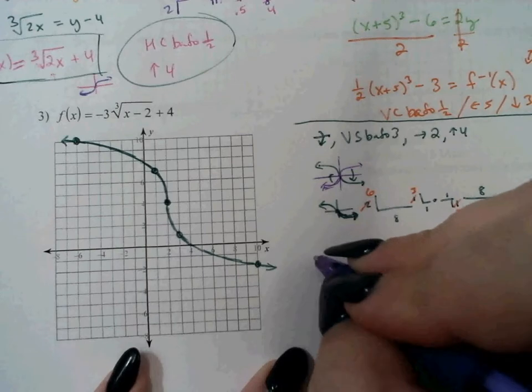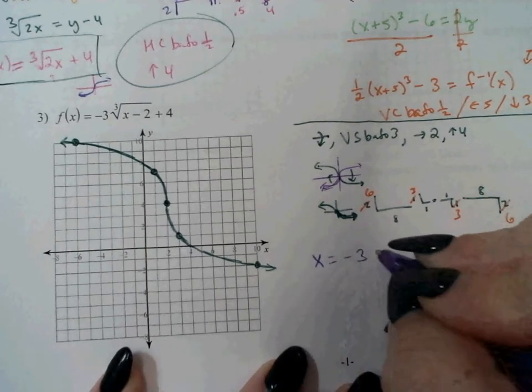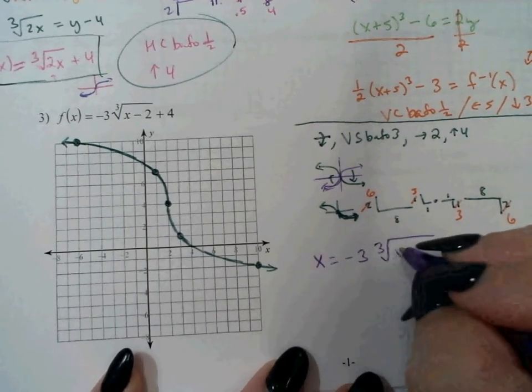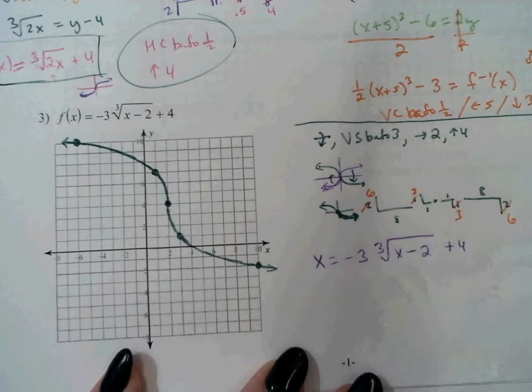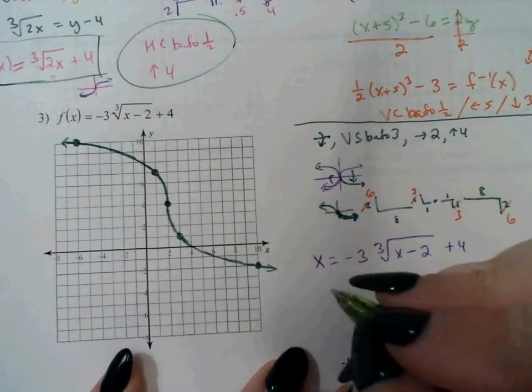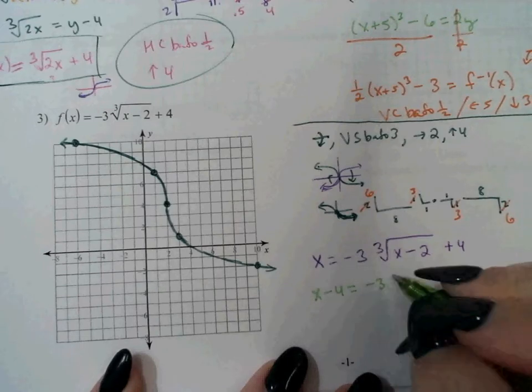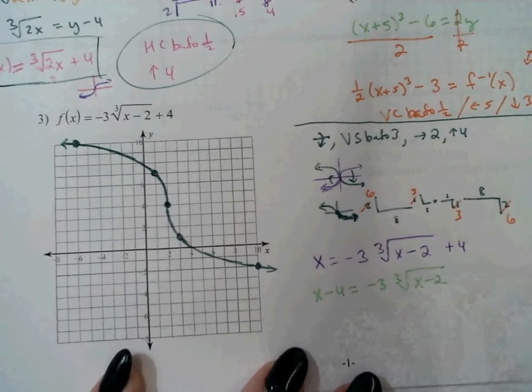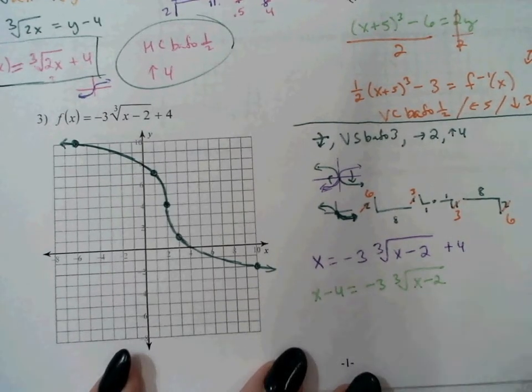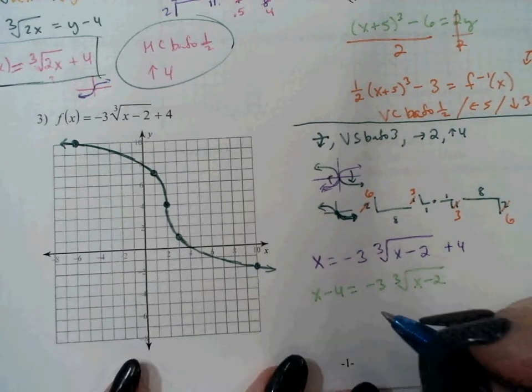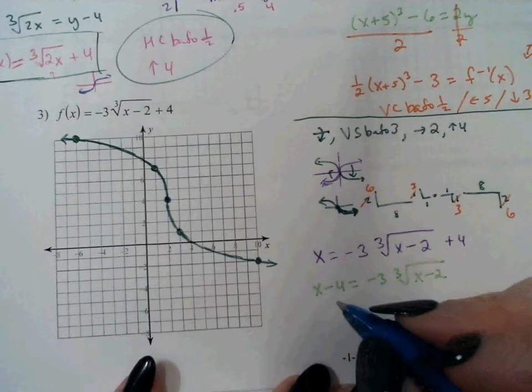So x equals negative 3 times the cube root of x minus 2, plus 4. So first thing I'm going to do is subtract 4. x minus 4 equals negative 3 times the cube root of x minus 2. Next, we're going to divide by negative 3, but here's the thing.